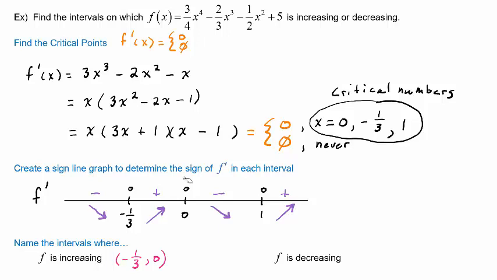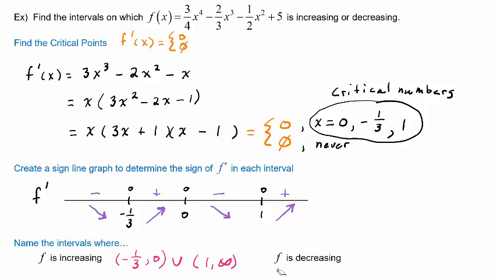So we have to exclude negative 1/3 and 0 from the interval. Union, we see the derivative is also positive over here on the open interval from 1 to infinity. And again, we cannot include the 1 because the derivative is not positive there, it's 0.